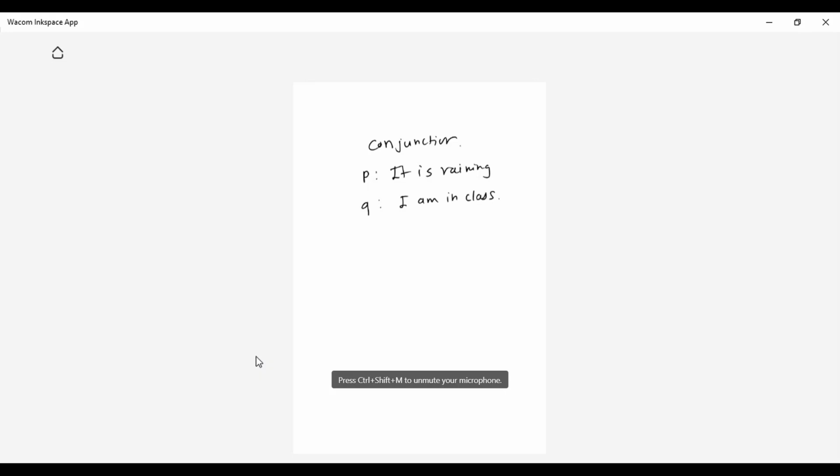How do I represent conjunction over here? What is the symbol? P and Q. So P and Q is: it is raining and I am in class. Likewise, I'm going to write it. So this symbol is the conjunction symbol and I'm going to use the word and for it.